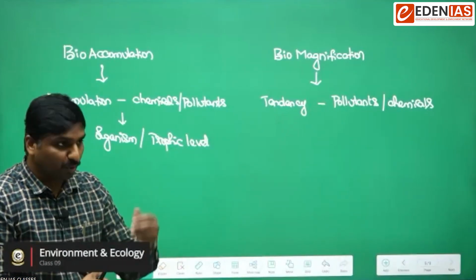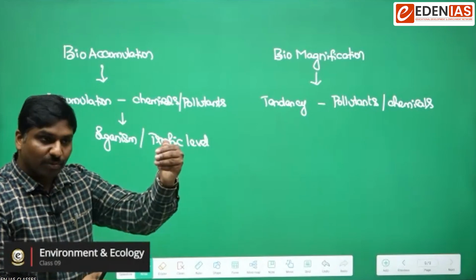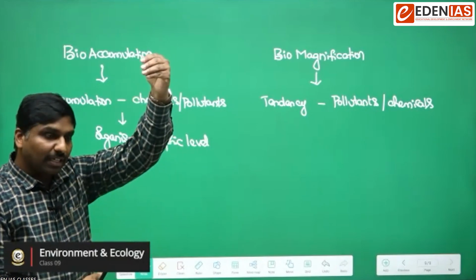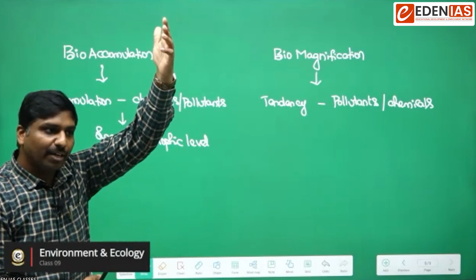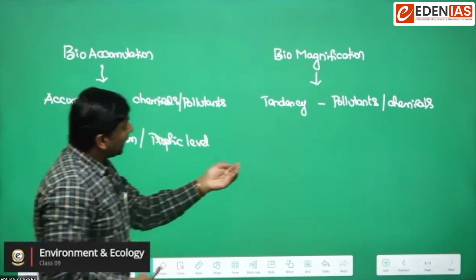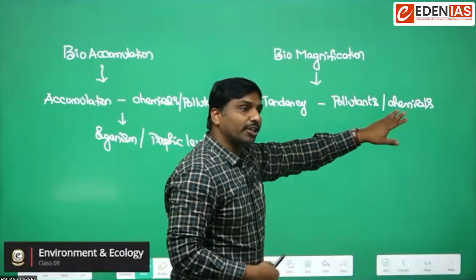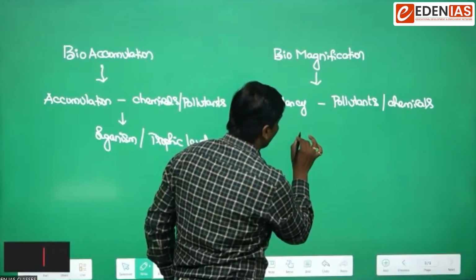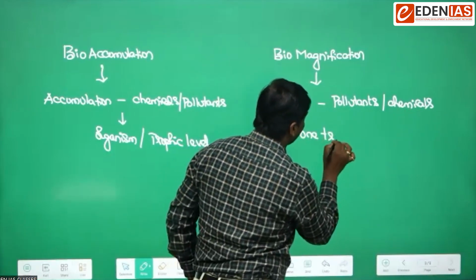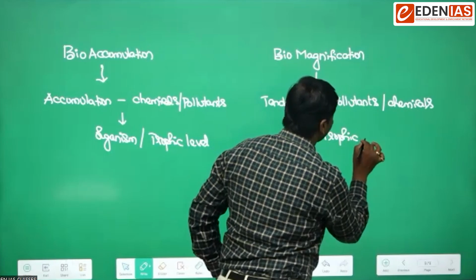Are you able to follow that? Producers are there, primary consumers, secondary consumers, tertiary consumers. It is the tendency of the pollutants to increase in their concentration when they move from one trophic level to another.